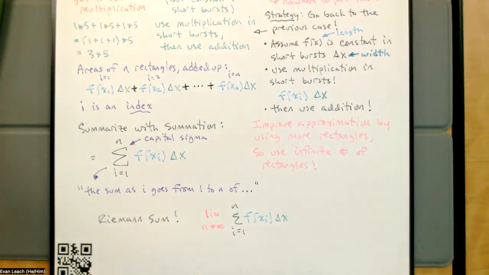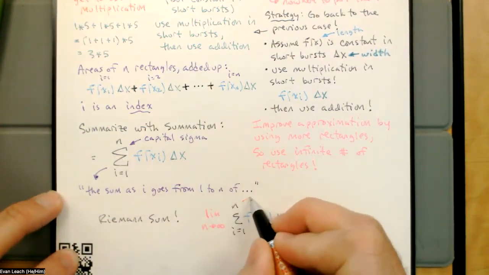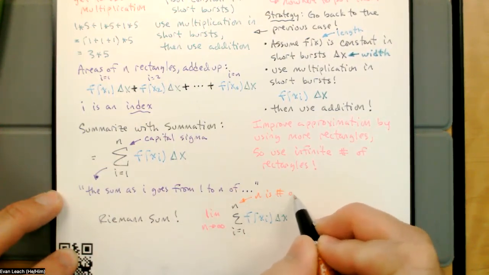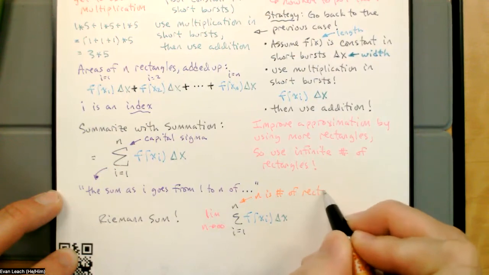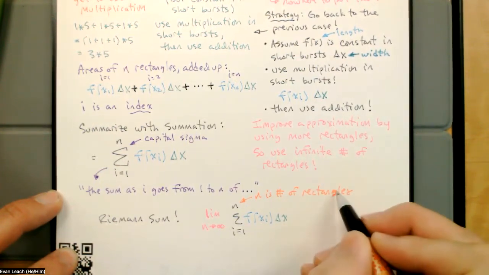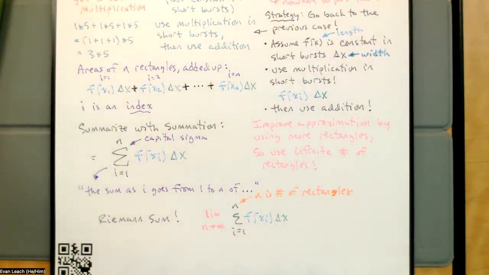So up here, n is the number of rectangles. Yesterday, n was 4 rectangles. Or in the first example, n was 2 rectangles, then we went to 4 rectangles.